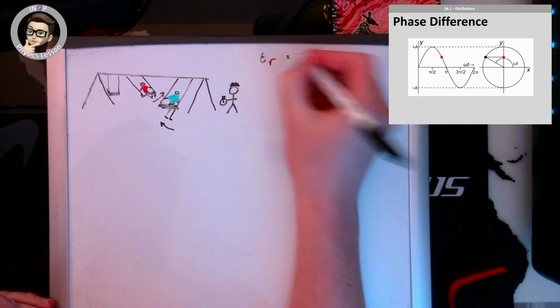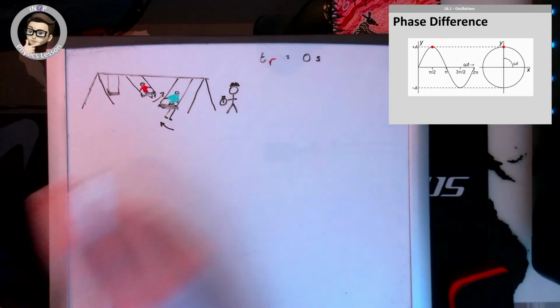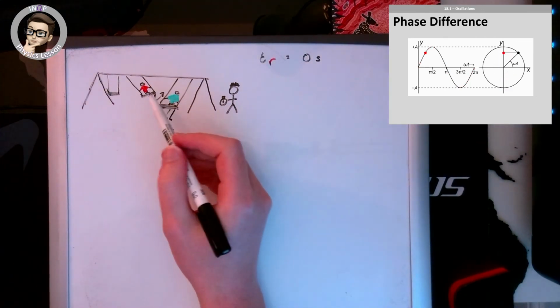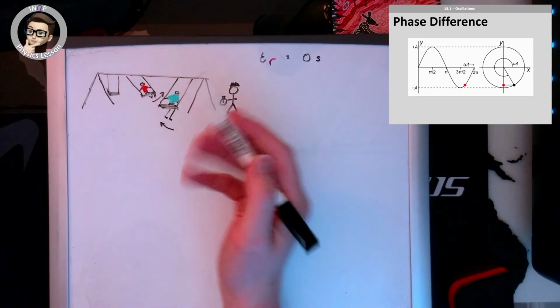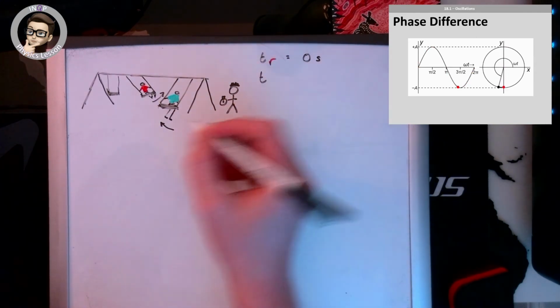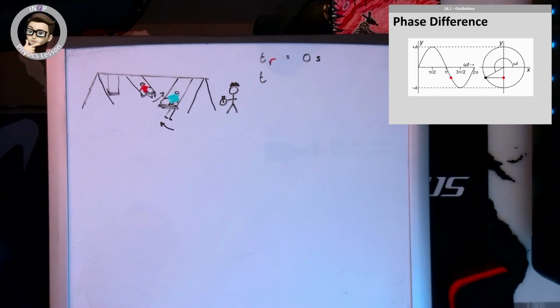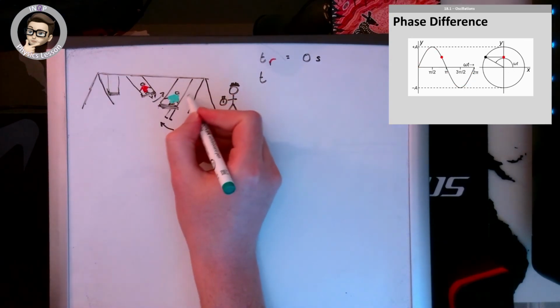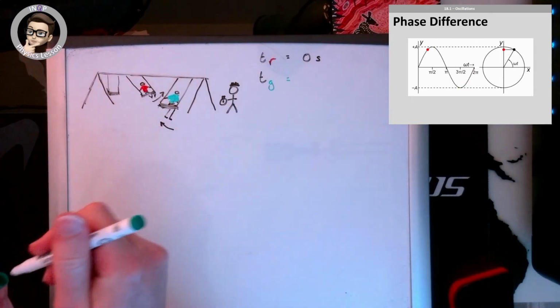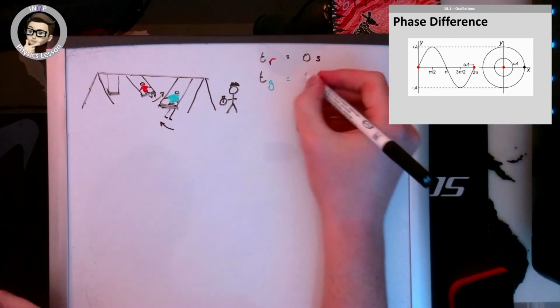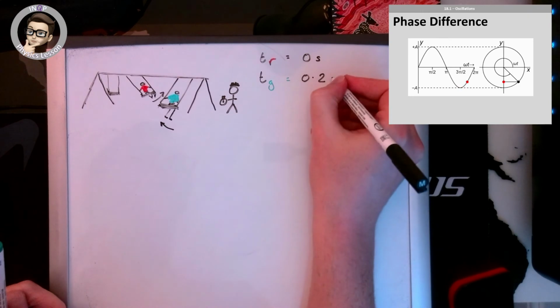We will say he is starting at 0 seconds. So that's when we've taken our time period for, it's when we start our stop clock. And the time that the green person has reached the starting point of the red person, we're going to say is in fact 0.2 seconds.